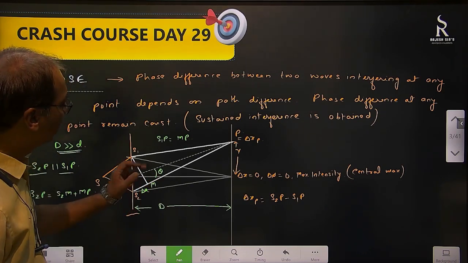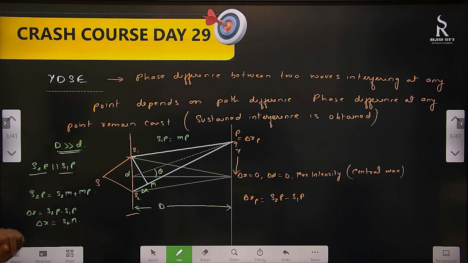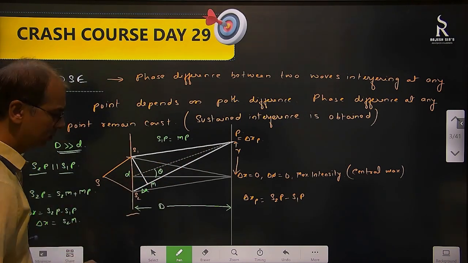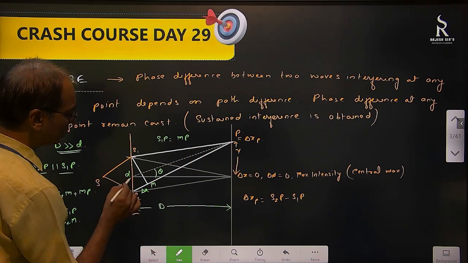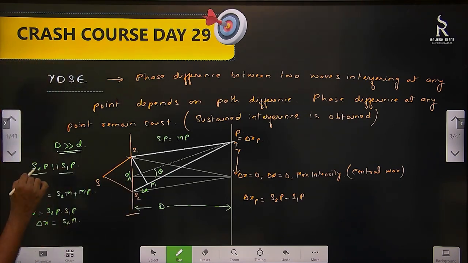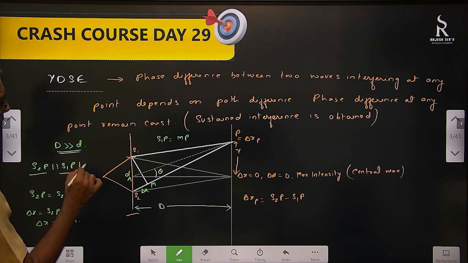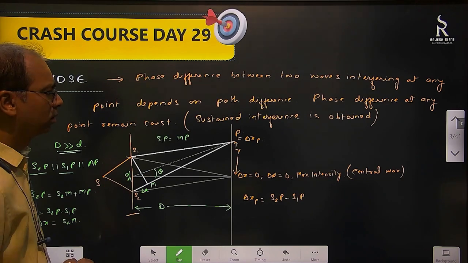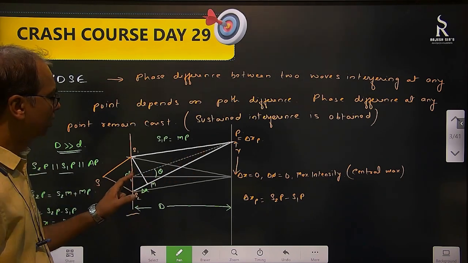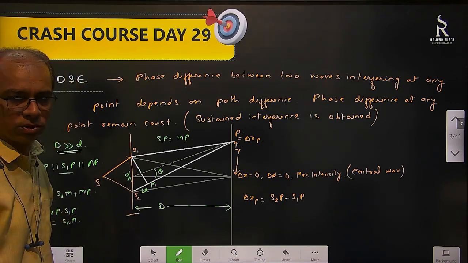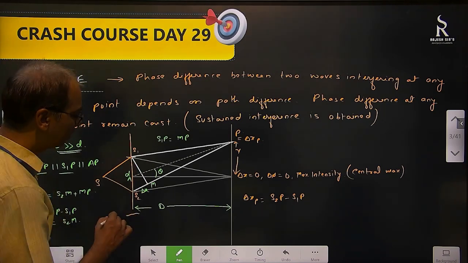Now, I have already written that S2P is parallel to S1P, so it will also be parallel to this middle line. The middle line, this point, we can name as A. So S2P is parallel to S1P, which is parallel to AB. If this is angle theta, these lines also make the same angle with the horizontal.